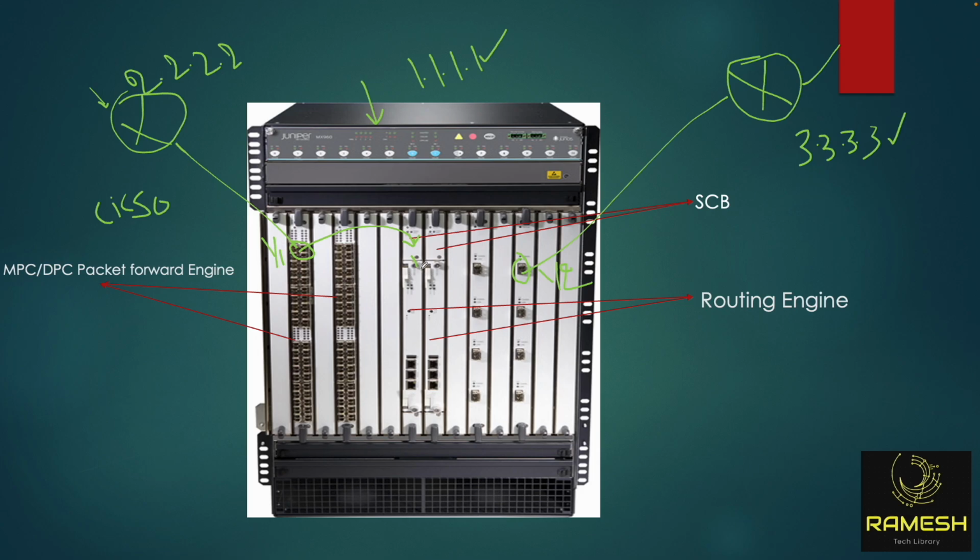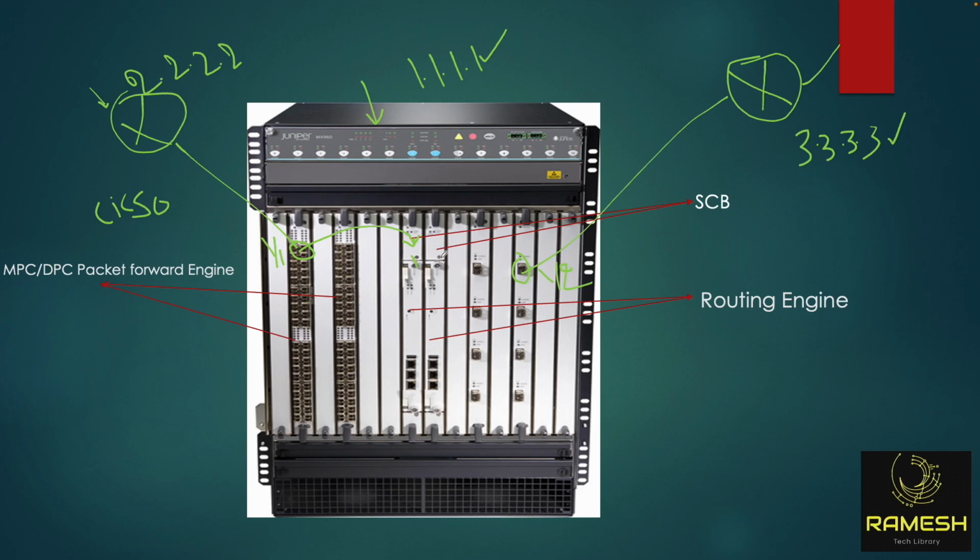In the routing engine, you will configure. It houses the Juniper software. You will configure all routing protocols like OSPF, BGP, ISIS, whatever routing protocols you need. It establishes the adjacencies, and it will build the routing tables. That is called the control plane. What do you mean by control plane?